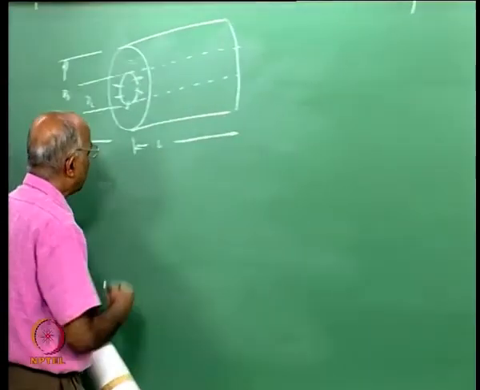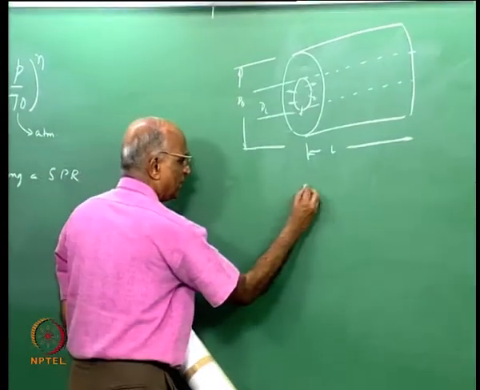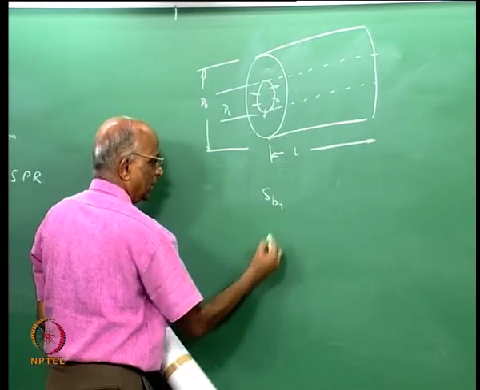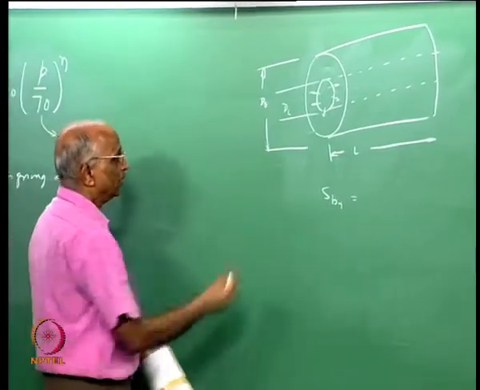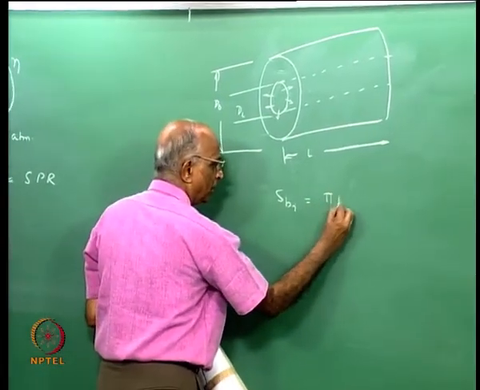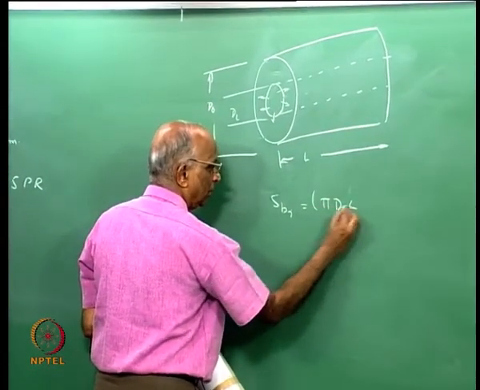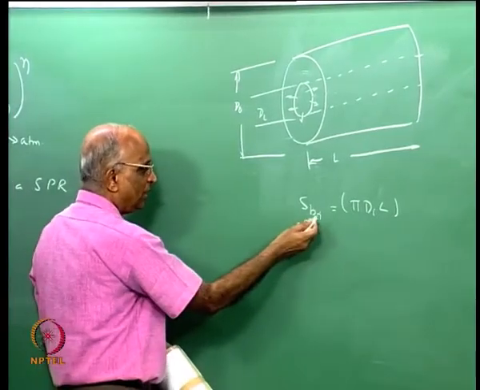Therefore, what is my pressure over here? The initial burning surface area I have to calculate first. Initial burning surface area is equal to, you could now tell me, pi di, which is the perimeter, into L, and what is the final burning surface area?